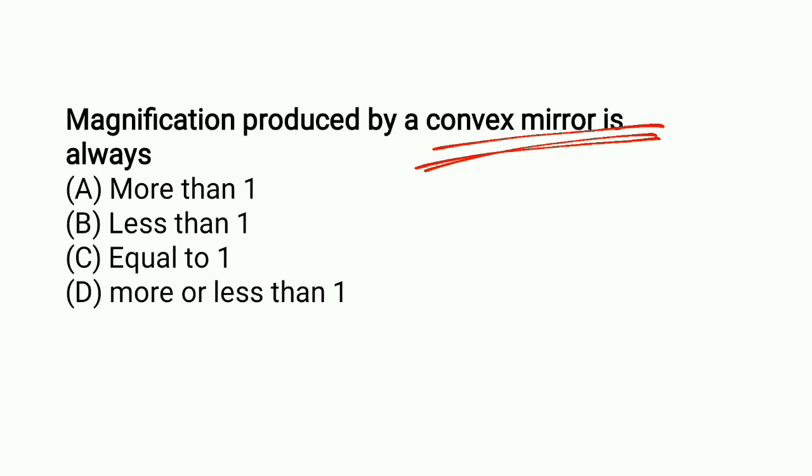So more than 1 is not the magnification of the convex mirror. Less than 1? Yes, less than 1 is the correct answer, because a convex mirror produces an image smaller than the object. Equal to 1? No. More than or less than 1? No. So option B is the correct answer for the given question.